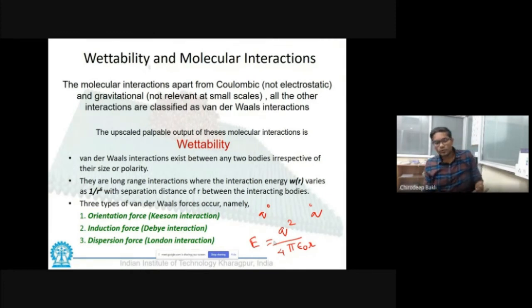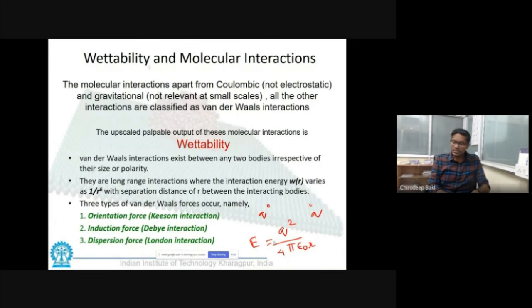Firstly, the orientation force states that there is a fixed charge. So supposedly there is a sodium ion sitting in the system. The sodium ion is interacting with an uncharged system, forming a local dipole. Okay, so what is a dipole?